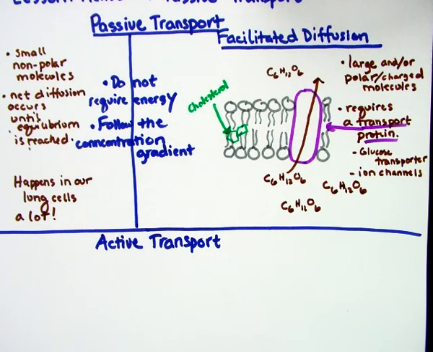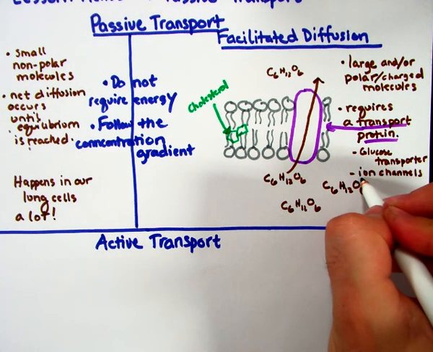So an ion is a charged molecule, it can't make its way through the nonpolar portion, so it needs a channel. If you were in my bio class last year, you remember one example of an ion channel, which is the chloride channel for cystic fibrosis. But an ion channel and glucose transporters.